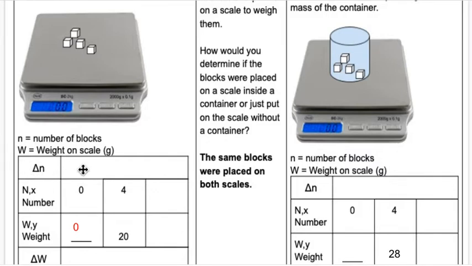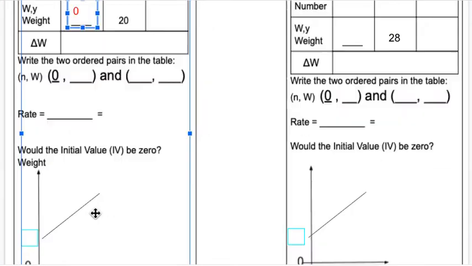This delta n represents, delta, remember, means change. So how much did the number of blocks or candies grow by, from 0 to 4? It would be 4 minus 0 equals 4. Okay, 4 blocks or candies, whatever you want.